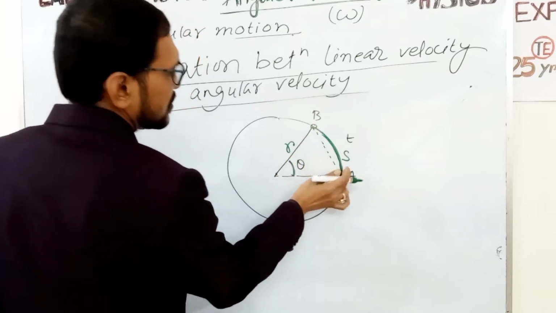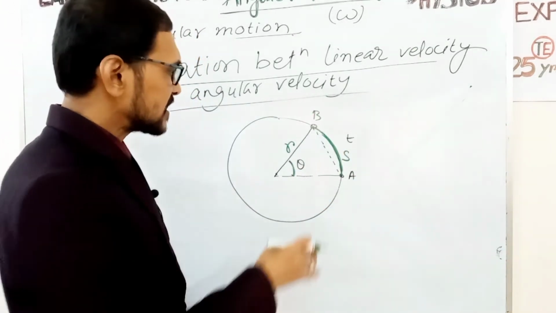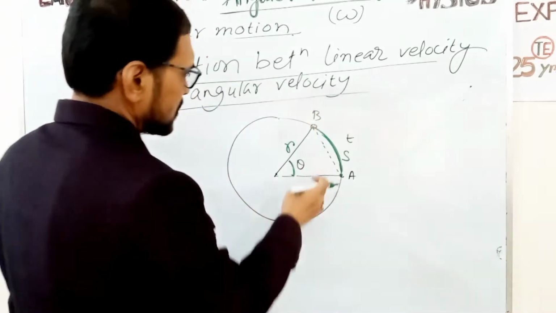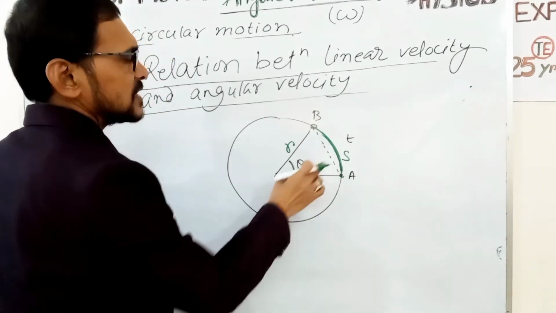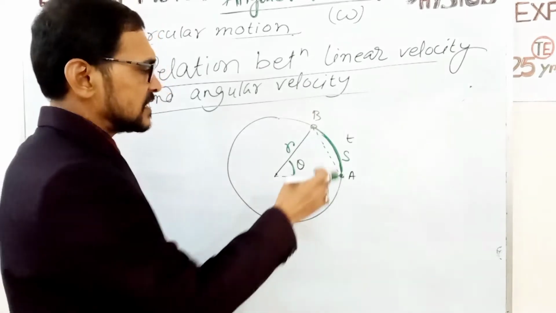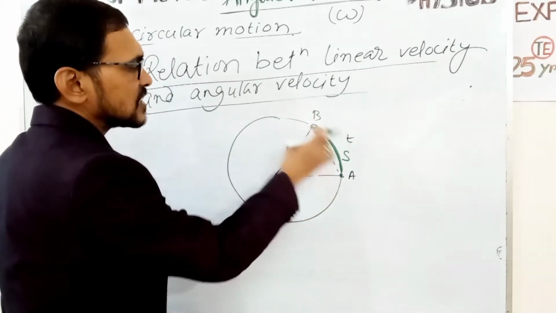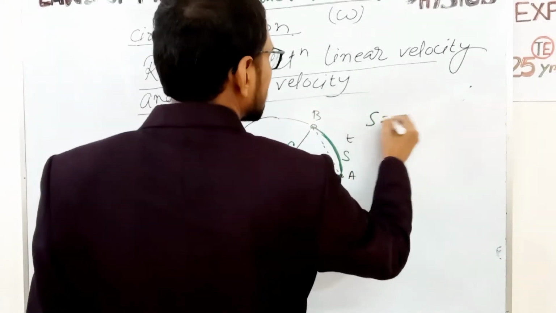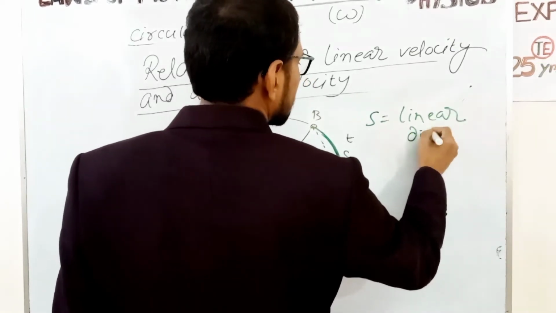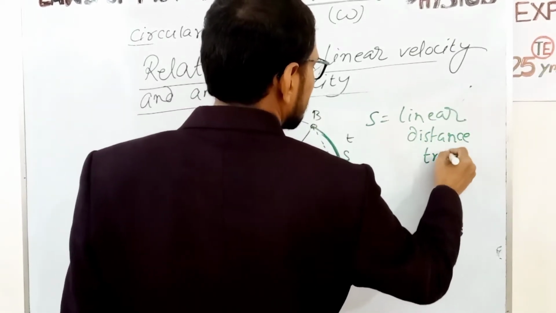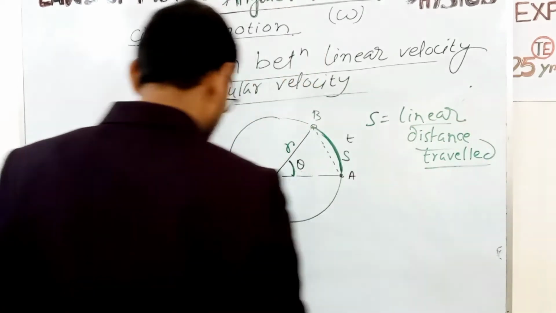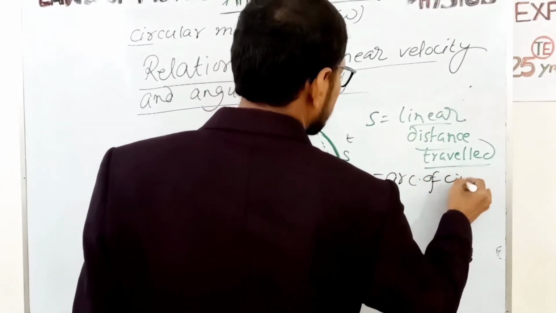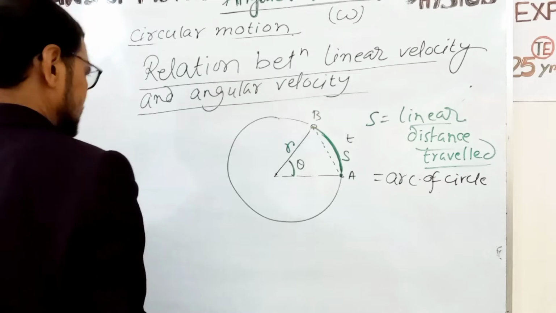This curved path is the linear distance traveled, s, which is the arc of the circle. Now what is the relation between s, r and theta?